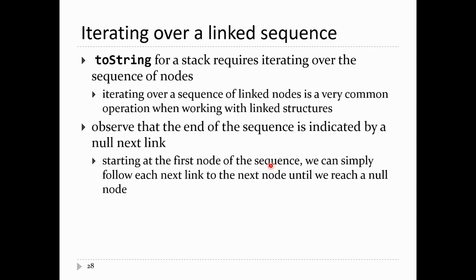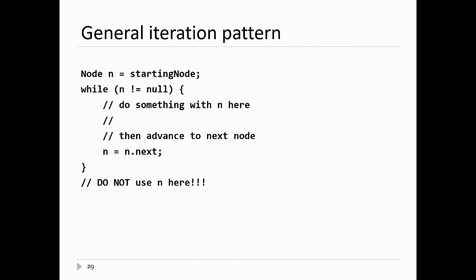Starting at the first node of the sequence, all you do is follow the next link to get to the next node until you reach the null node. In general, you want to iterate over a sequence of nodes, starting at some node. Here, starting node is the node that you want to start at. All you do is write a little while loop.